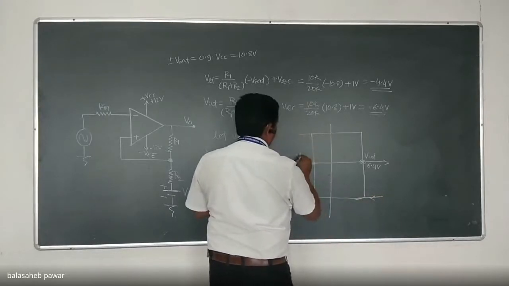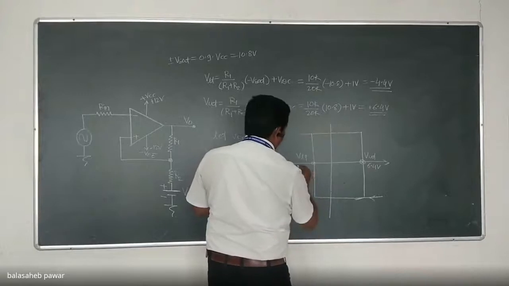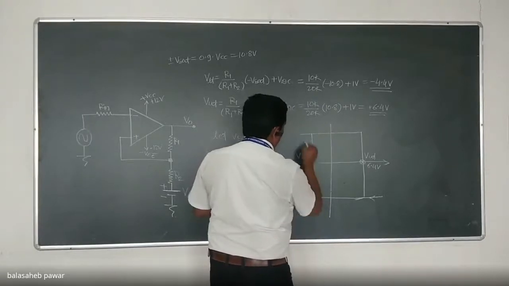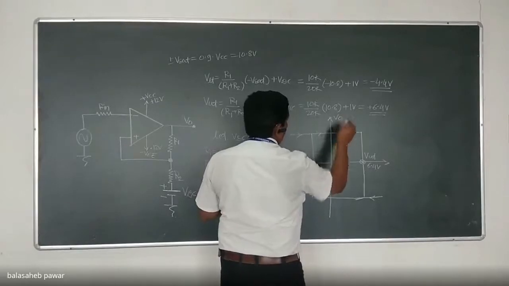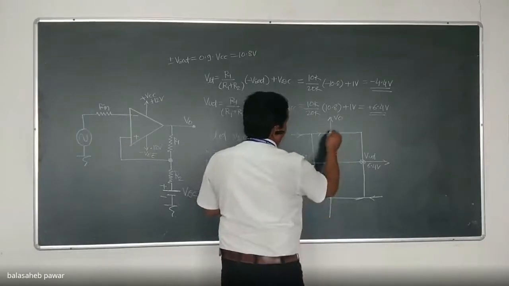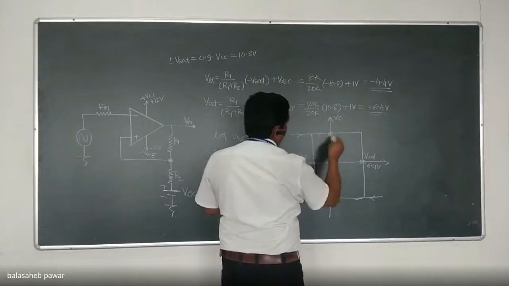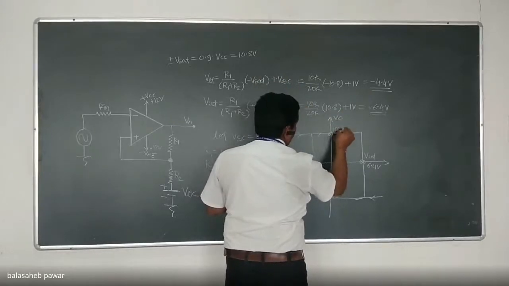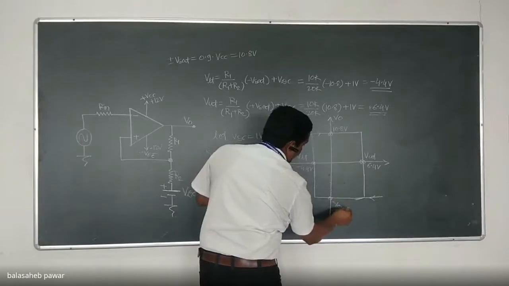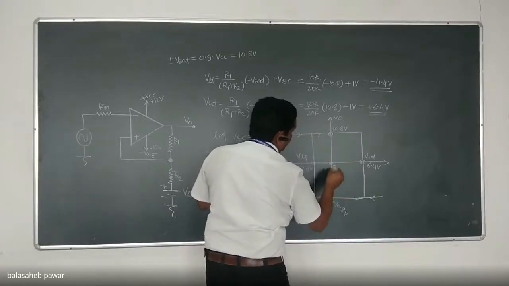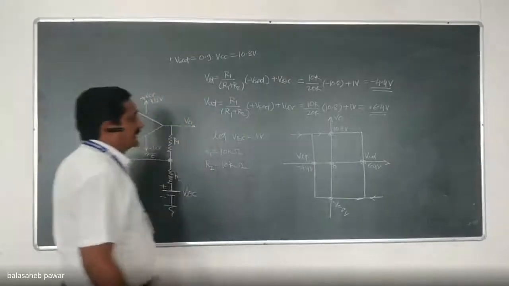So this is nothing but VLT, which is minus 4.4 volts. This is our VO, plus VSAT. As per our example, 90% of VCC, so it will be plus 10.8, and this one will be minus 10.8. And this is the origin, right?